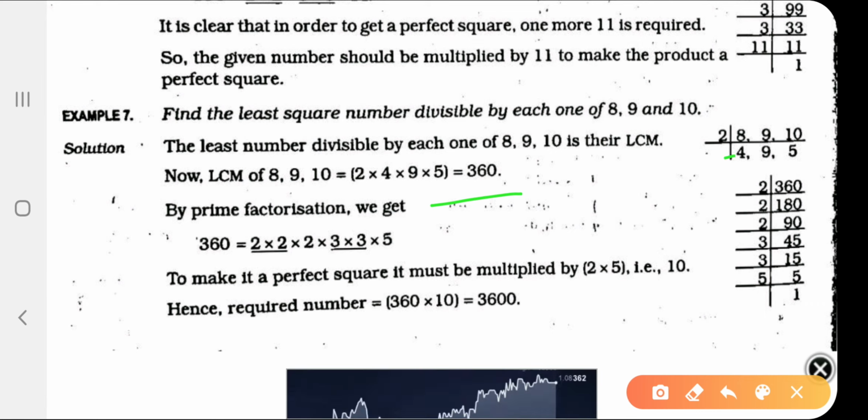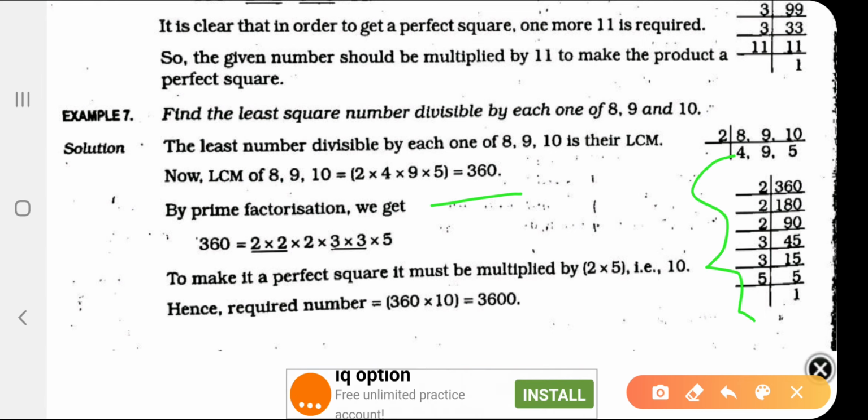We'll do the prime factorization of 360 and find the numbers whose pairs are not available. Those numbers will be multiplied to make 360 a perfect square, and that would be the least square number divisible by 8, 9 and 10.